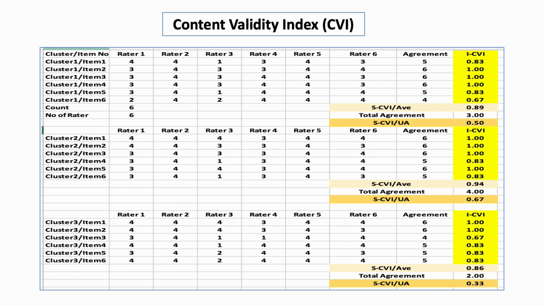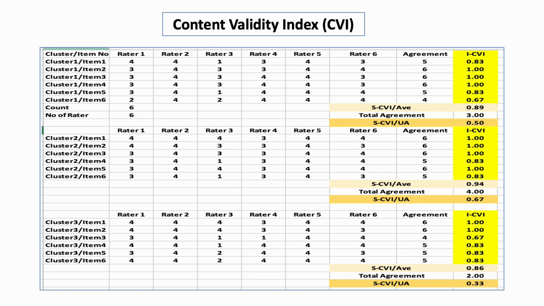So this total agreement is divided by the total number of items. So here there are 6. So 3 divided by 6 is 0.5, which is the universal agreement, so 0.50. It's considered less because the very strict criteria applies to universal agreement, which should have been 1.